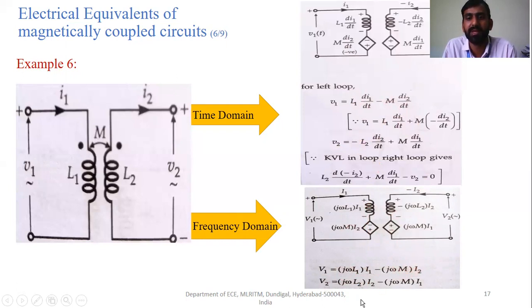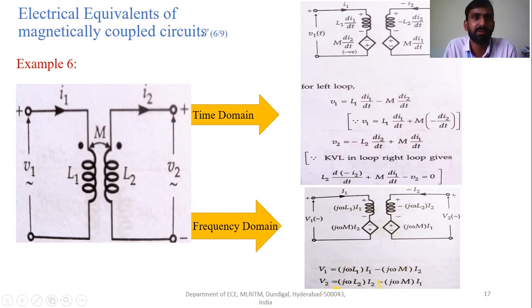In the second equation also, little slight change you have to make: this term is going to be negative and this term is going to be positive. So minus j omega L2 I2 plus j omega M I1.